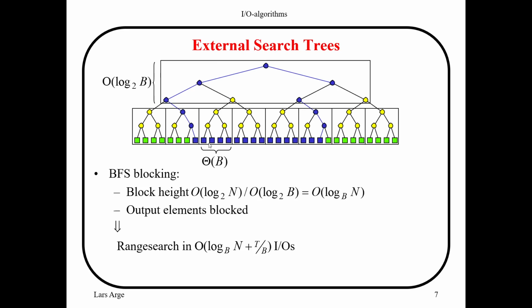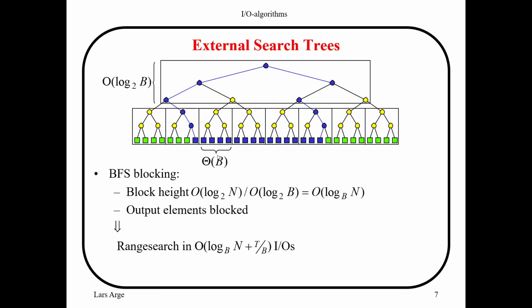What is the height of the resulting tree in terms of number of blocks? Well, the height was log base 2 of n, and every log base 2 of b levels are in the same block. So we just do a division, and we get log base b of n as the height in terms of blocks. So the block height of this tree is log base b of n.